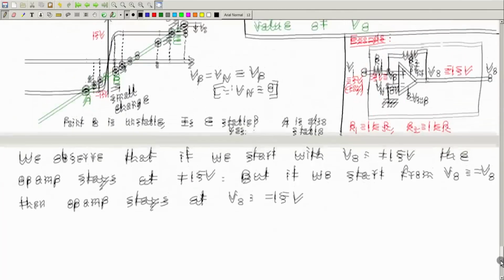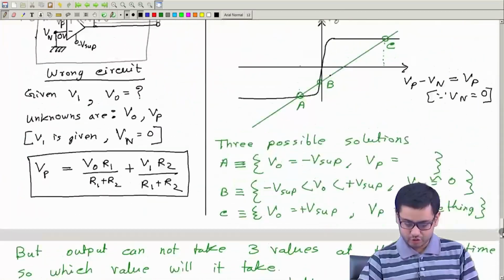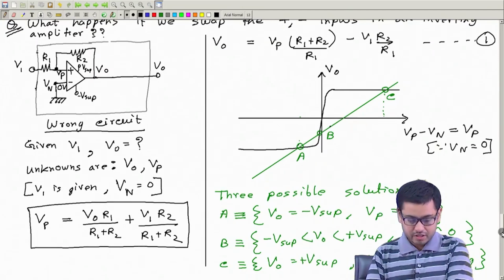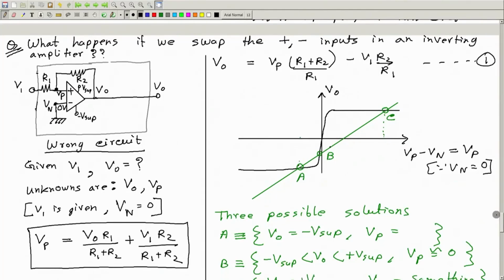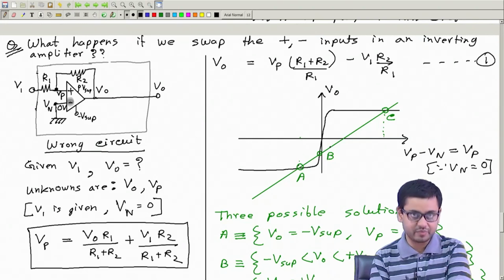Okay, let's summarize what we have seen. So we started with the question: what happens if we swap, or alter by mistake, the plus and minus inputs of this inverting amplifier? Original inverting amplifier should have the minus terminal here and the plus terminal here.